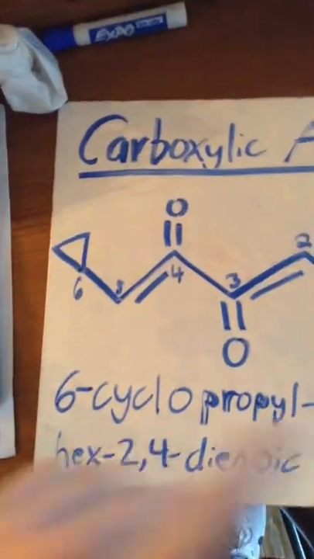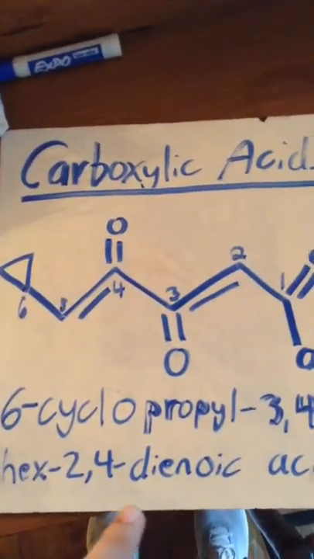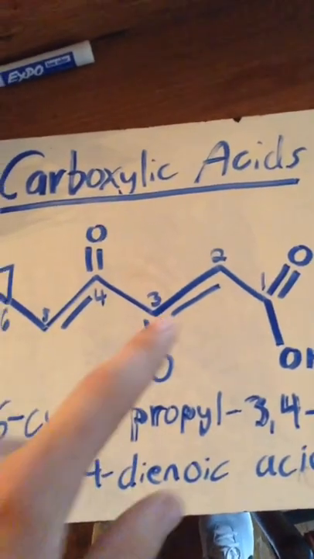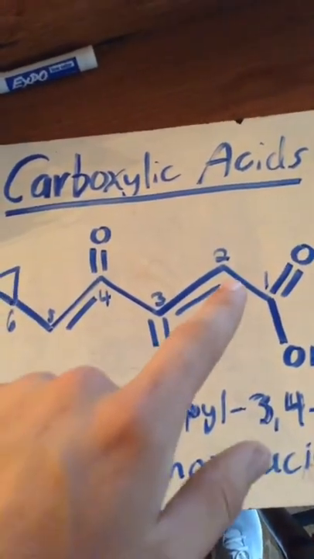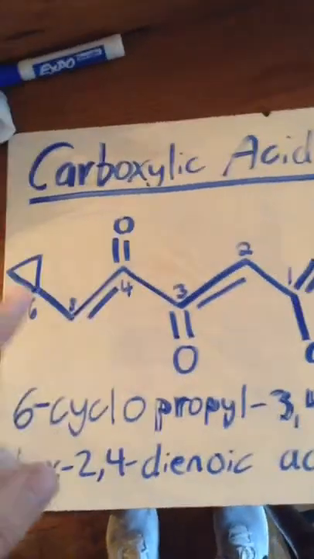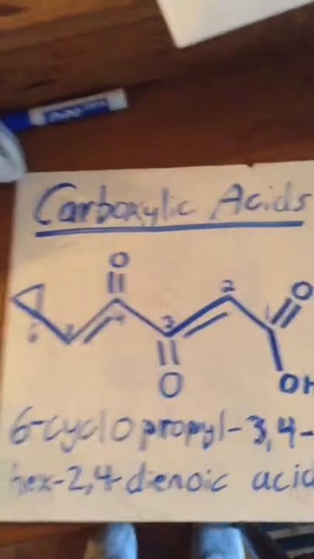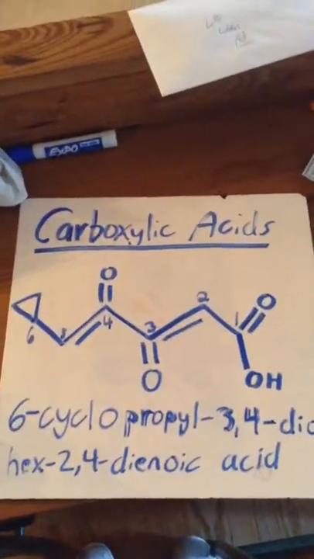And then hex, because your longest carbon chain is 6. Dash 2,4-dien, because there's two double bonds at positions 2 and 4. And then oic acid, because it is a carboxylic acid. And that is it for carboxylic acids.